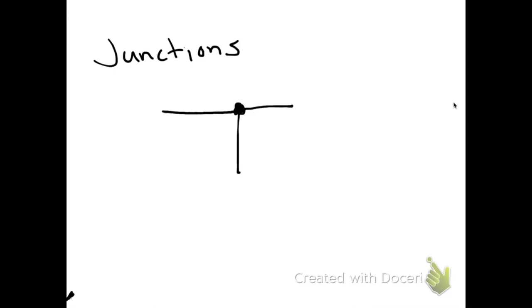You don't have to draw a dot, it's implied, but that's where the junction is. And a junction's job is to distribute current around, or it lets current flow in different directions. And so you might have some amount of current I1 coming in, and then different amounts of current leaving through the two different wires. And one of Kirchhoff's laws is going to tell you what to do with those different currents, because they can't all three be different. They're all related to each other.